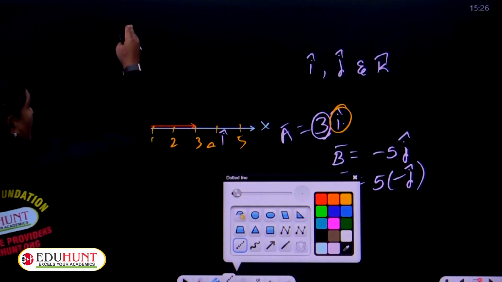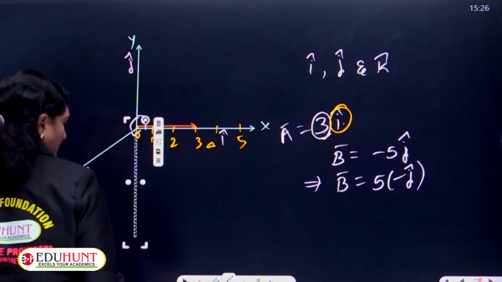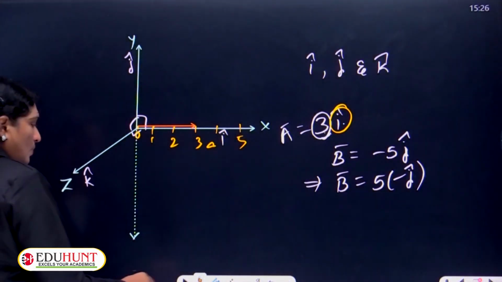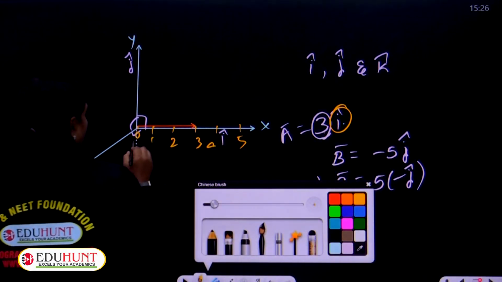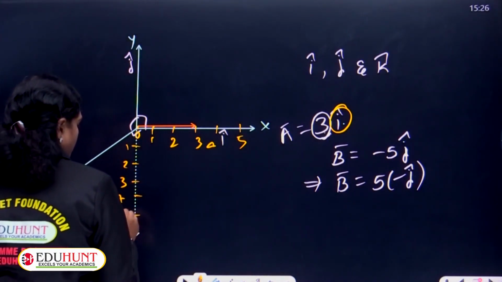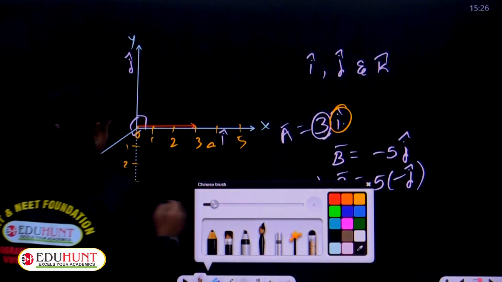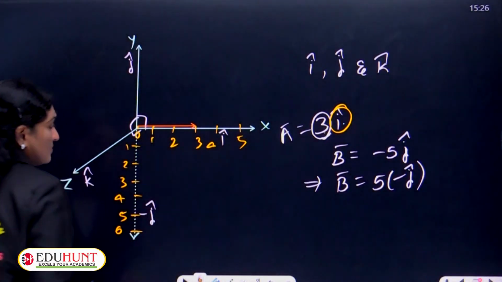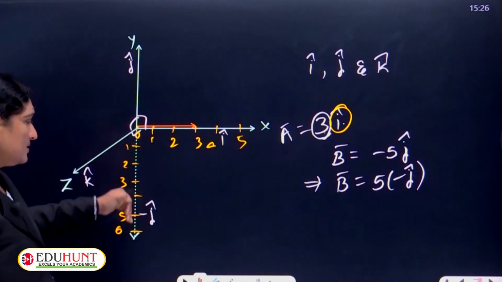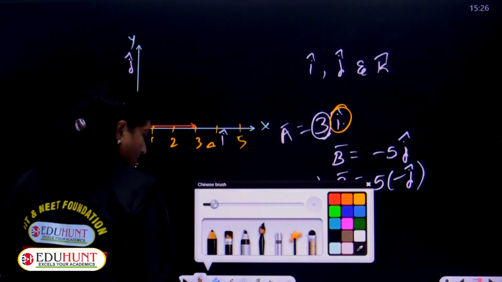If this represents the positive y-axis, then this must represent the negative y-axis. So we must consider a vector whose magnitude is 5, and this is my j cap, so here it will be minus j cap. So you have to represent a vector whose magnitude is 5 and which is lying parallel to the y-axis.